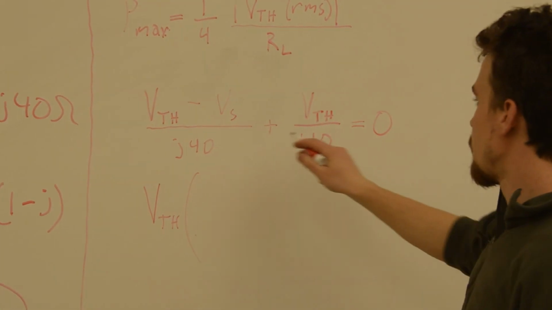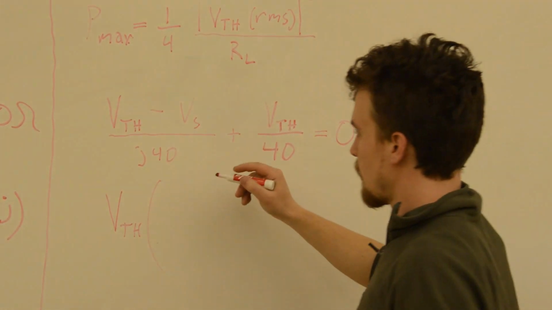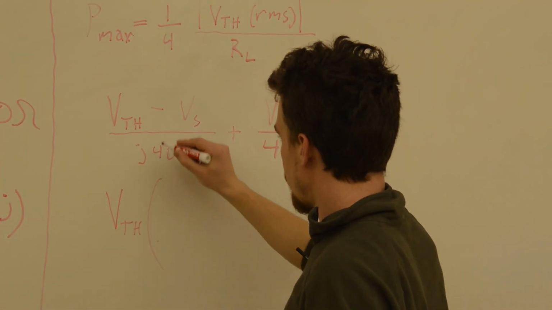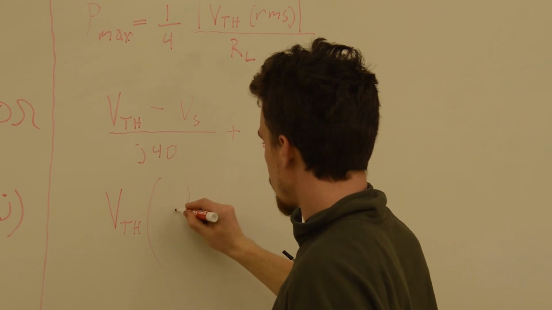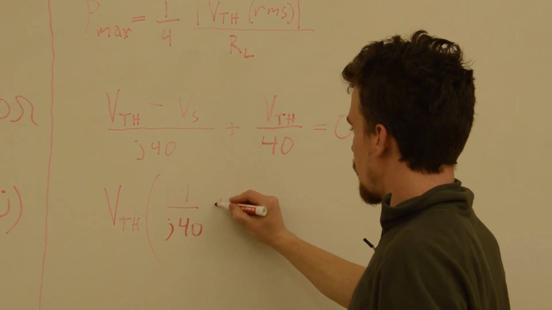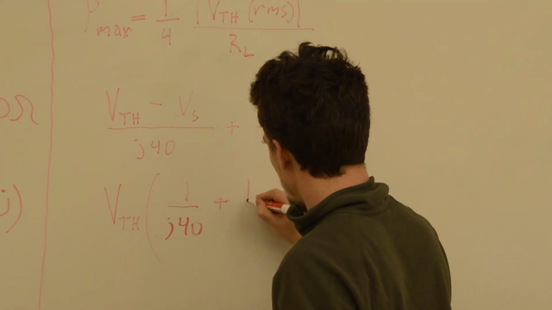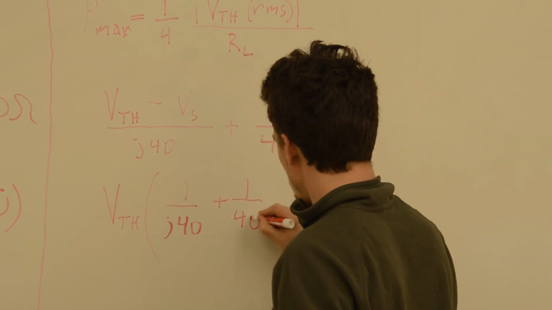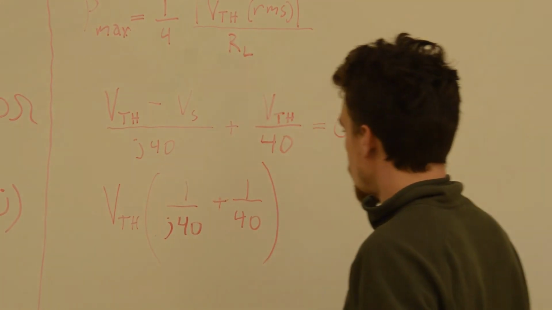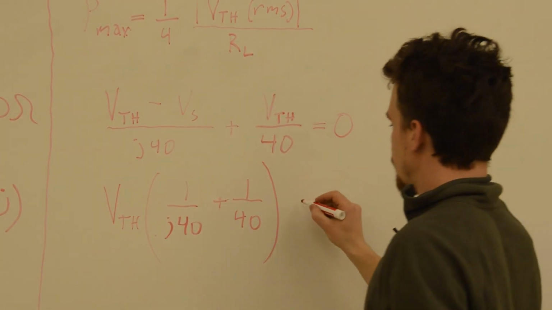Now, the terms in this equation that V Thevenin is multiplied by are 1 over J40 plus 1 over 40. Now we'll move Vs over to this side of the equation.